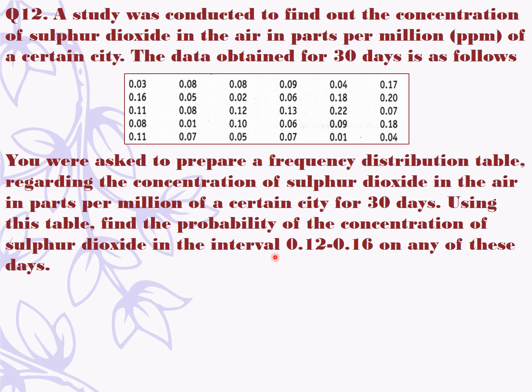That is, when we write a class interval like this in statistics, this particular class interval will represent the values such that 0.12 is the lower limit and 0.16 is the upper limit of this particular interval or range.